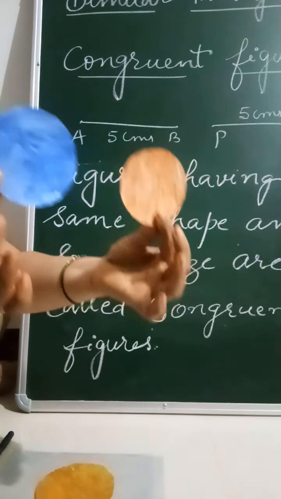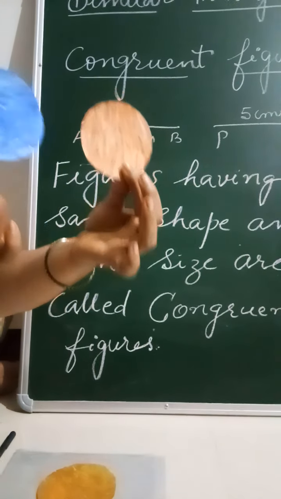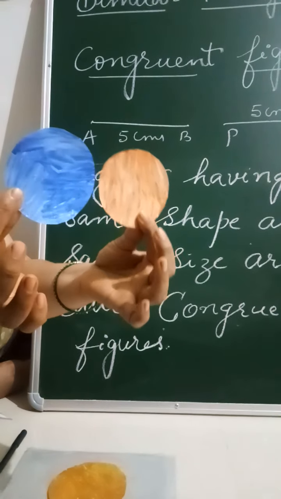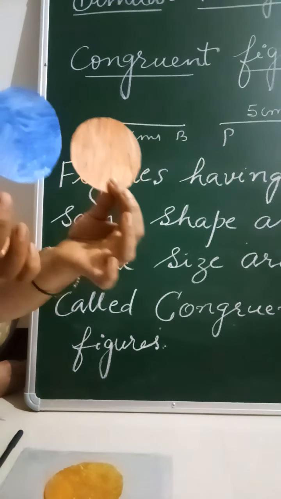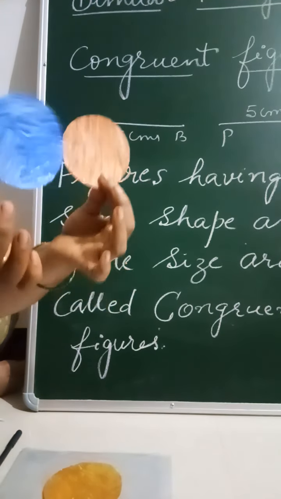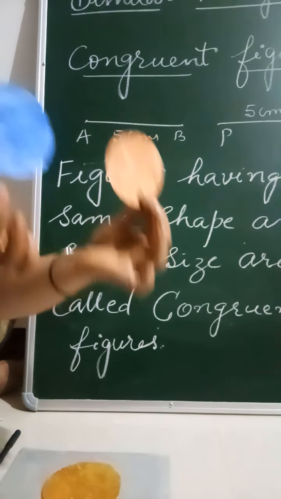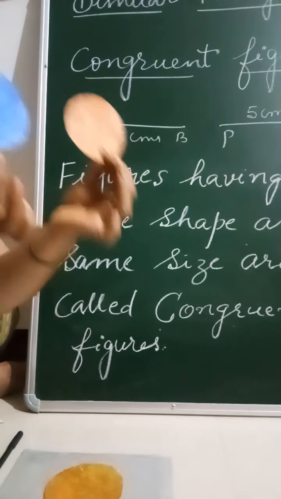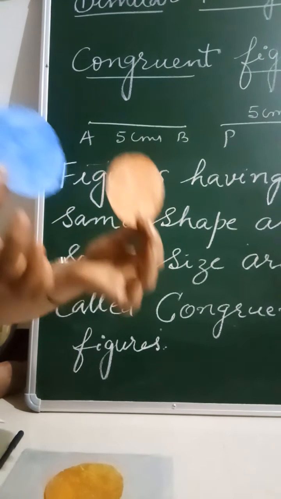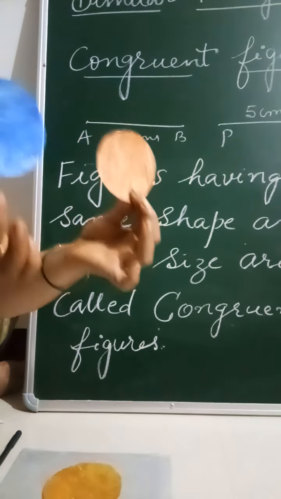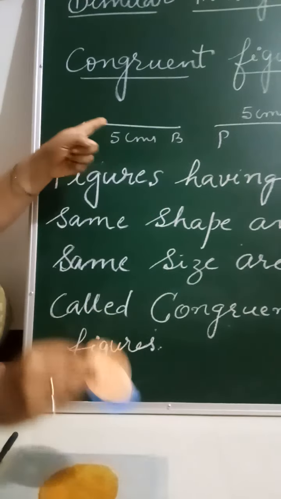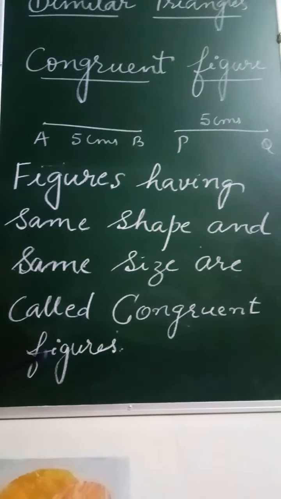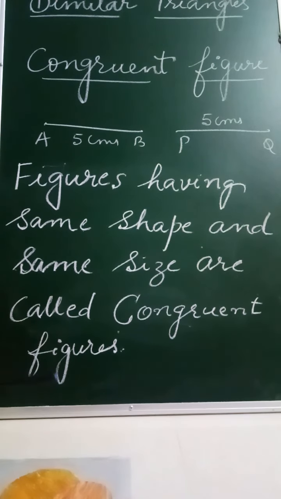If the radii of the 2 circles are same, then we call these circles congruent circles. Let me repeat. Congruent circles are those having the same radii. Line segments having the same length are called congruent line segments.